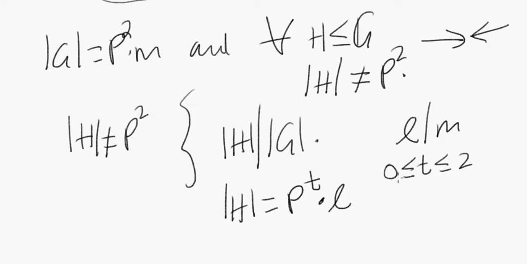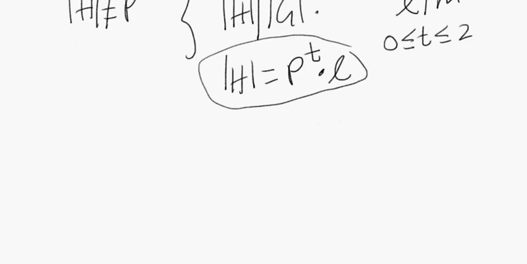So the idea was, okay, sure, what if the order of H equals p to the t times L? So what? If we recall correctly, this approach didn't seem to be leading us anywhere.